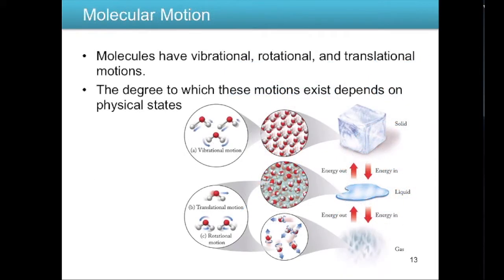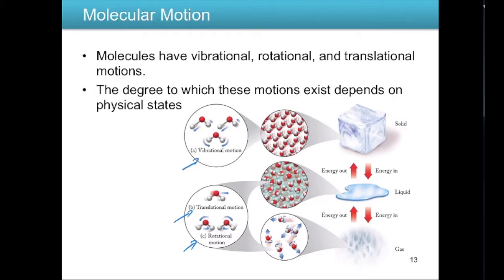So before we get there, let's talk a little bit about molecular motion and remind ourselves of what molecules can do when they're in specific physical states. So molecules have vibrational motions, they have translational motions, and they have rotational motions. When they're in specific physical states like solids, liquids, and gases, they have varying degrees of these specific molecular motions.